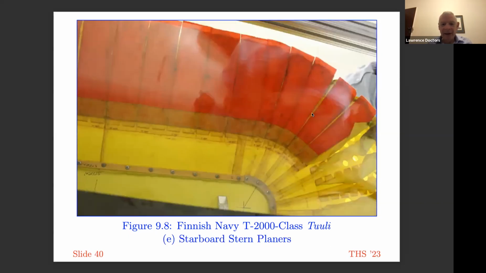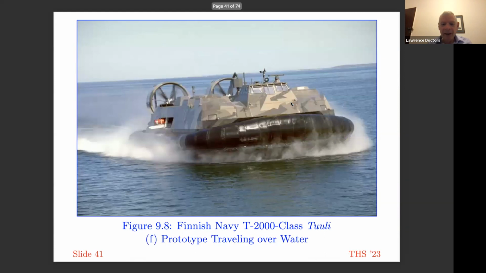That's more detail of the stern of the skirt. Now, where I'm moving the mouse here, that's the stern, and we're now moving towards the side over here. So you can see these are sometimes called planers, these individual components here. That's the full size T2000 traveling over water.